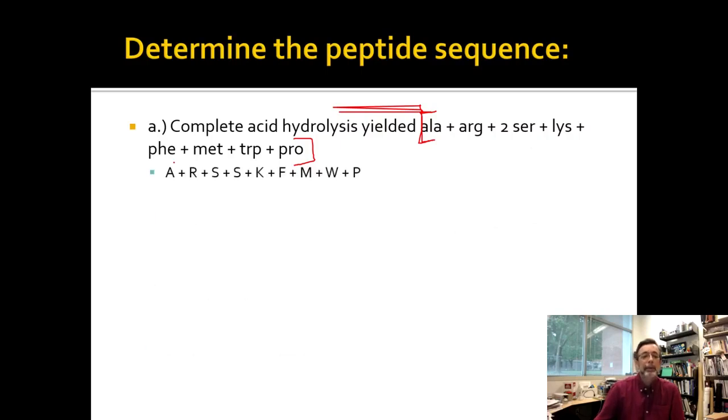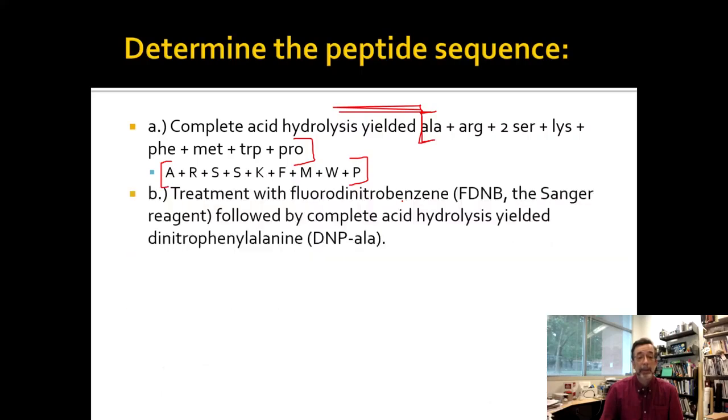I'm going to write this down with the pluses, and then when I know what their order is, I'm going to remove the pluses and have them in the actual order. So we move on to step 2.